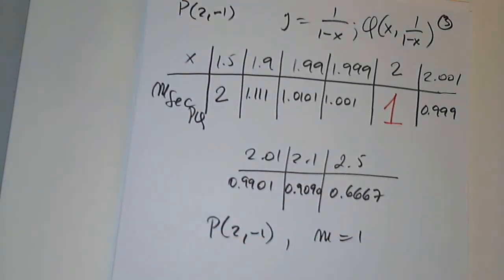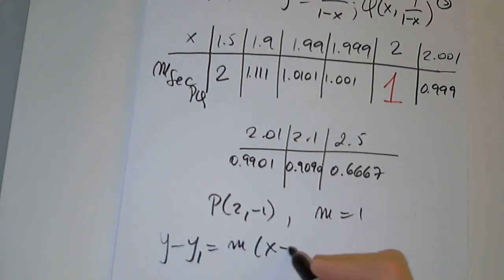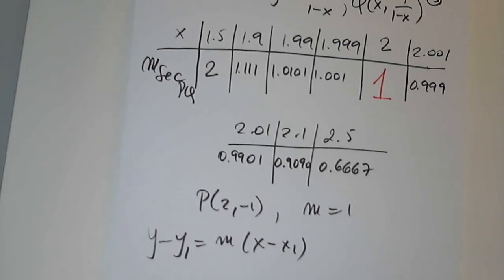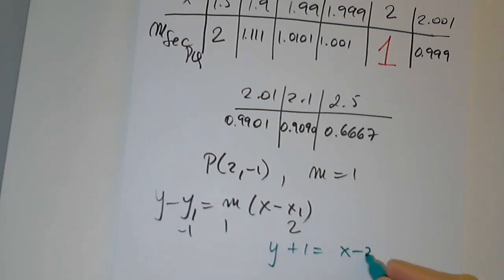We have the slope, which is 1. So then y minus y1 equals the slope times x minus x1. Agreed? So this is your 2, this is your negative 1, and this is your 1. So the equation of the tangent line to the graph of the function at P is y equals x minus 3.